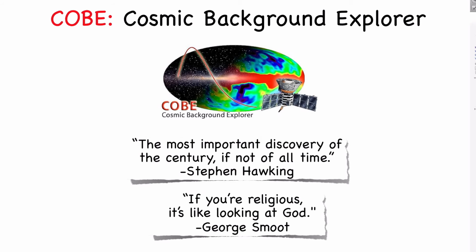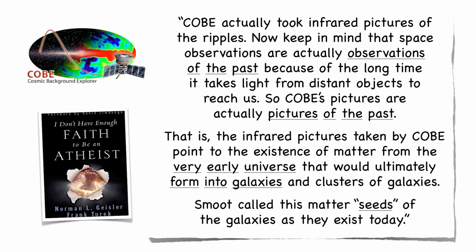Well, in our next slide, Geisler and Turek provide some further insights into COBE's findings and why scientists got so excited. Again, remember the scientists were looking for temperature differences, temperature variations from the leftover radiation from the Big Bang fireball explosion. Geisler and Turek comment, COBE actually took infrared pictures of the ripples. Now keep in mind that space observations are actually observations of the past because of the long time it takes light from distant objects to reach us.